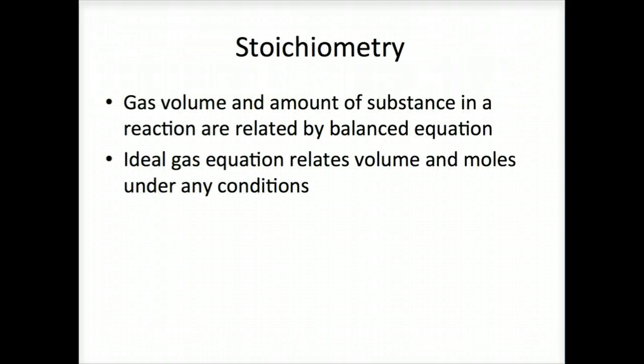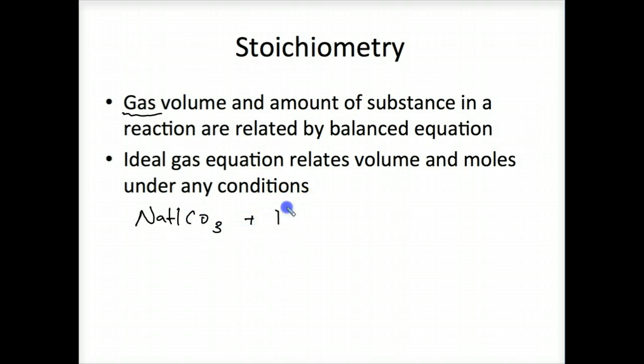The next application for the ideal gas law is in stoichiometry. The big thing to remember here is when we deal with stoichiometry, we're dealing with the gas as either a reactant or a product of a chemical reaction. So for example, if we talk vinegar, I have NaHCO3.